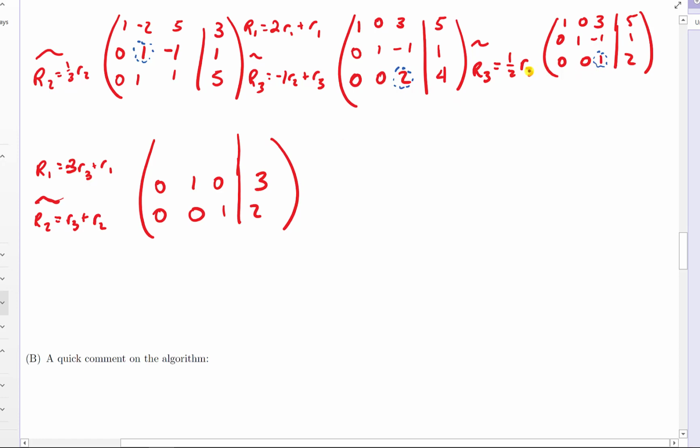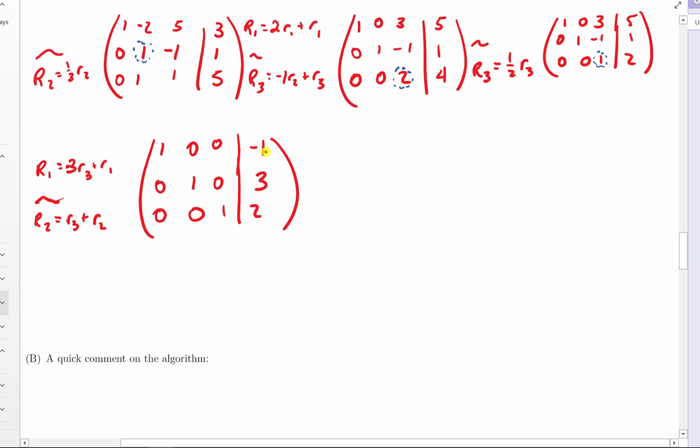And finally, to get this row 1 here, we're going to take -3 times our pivot row and add up, so that gives us 1, 0. Then here we take -3 times 1, which is -3, added to 3, which gives us 0. Then we do -3 times 2, which gives us -6, added to 5, which gives us -1.